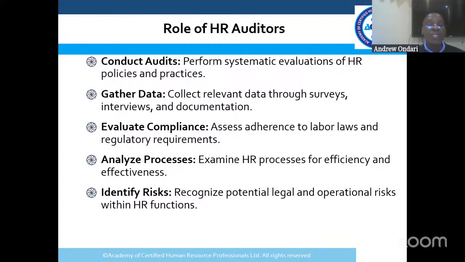These risks affect the organizations negatively. For example, if there are no adequate strategies for retention, the employees may leave the organization, and that becomes a risk. What kind of risk does employee turnover pose to the organization?